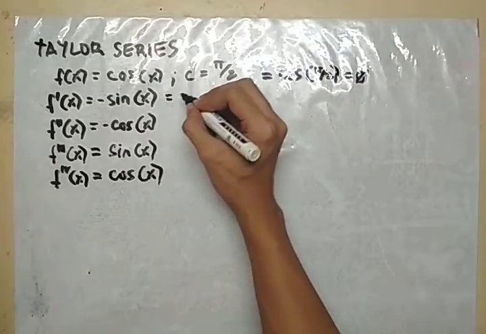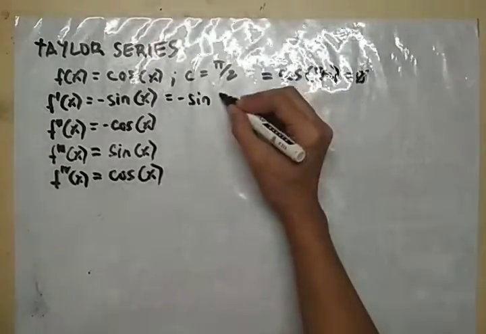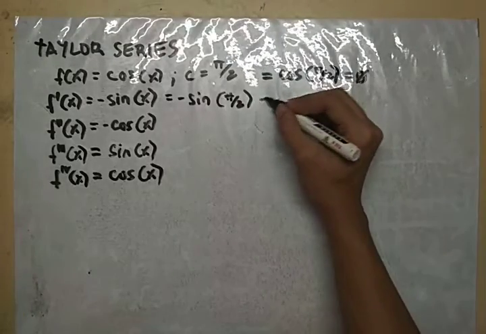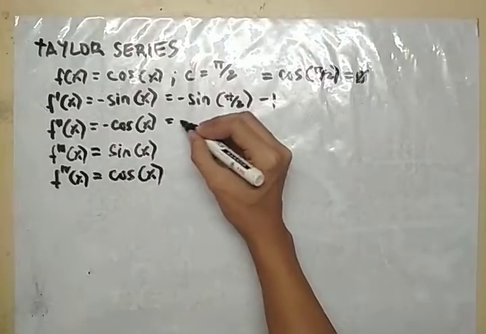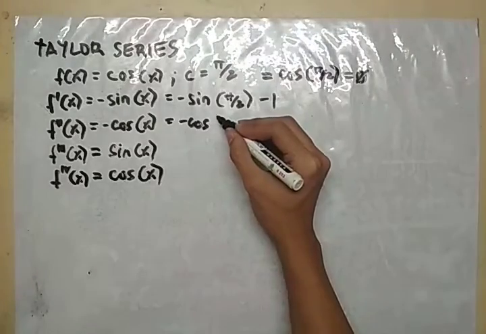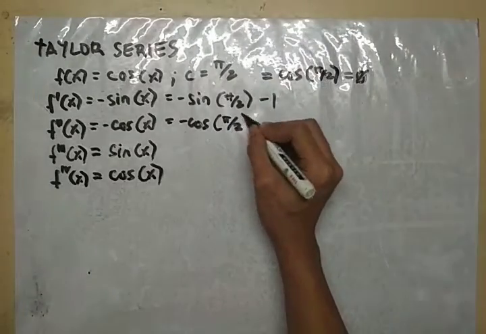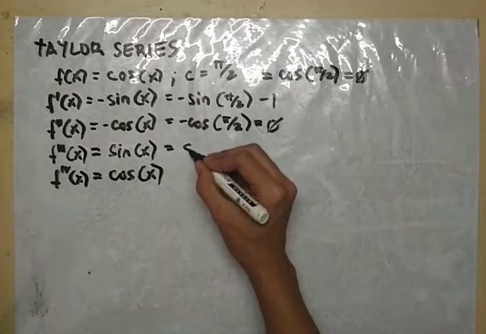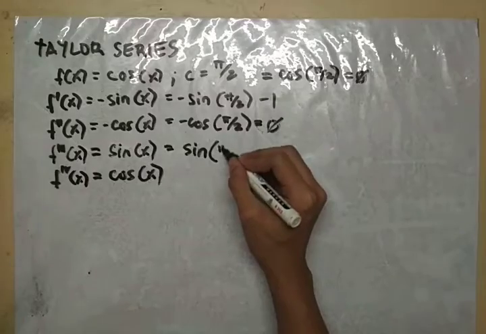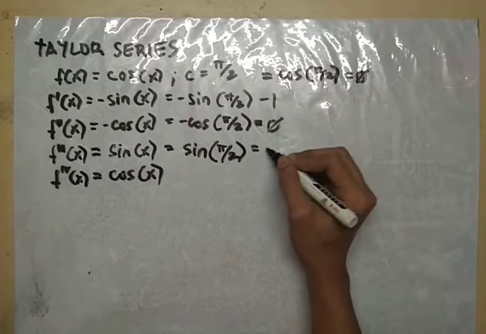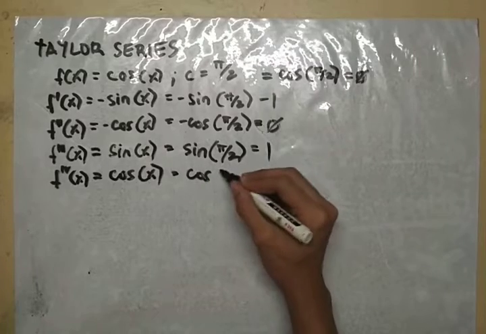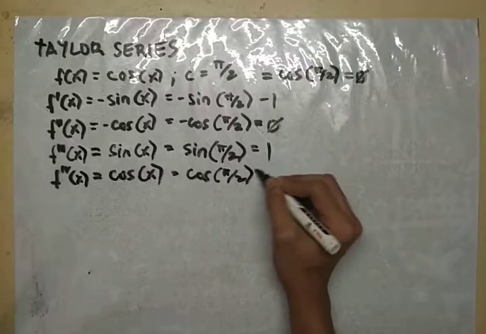Next, we have negative sine of pi over 2, which is equal to negative 1. For negative cosine of pi over 2, we have 0. And for sine of pi over 2, it equals 1.